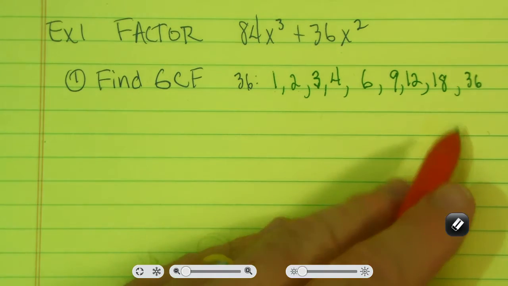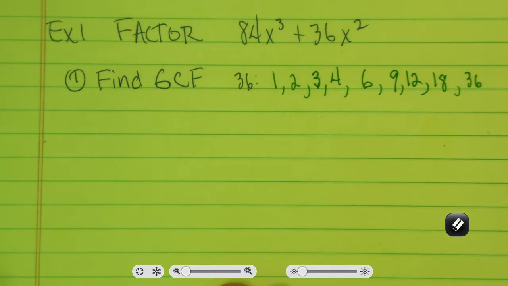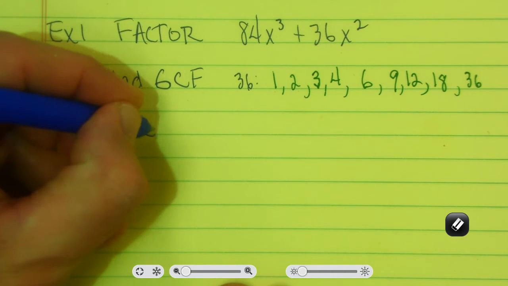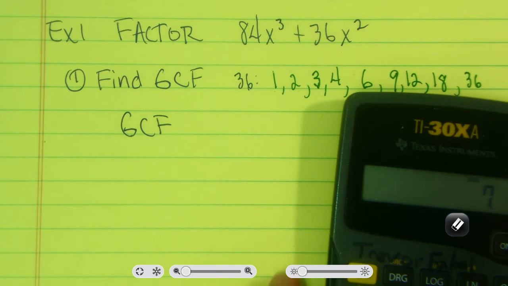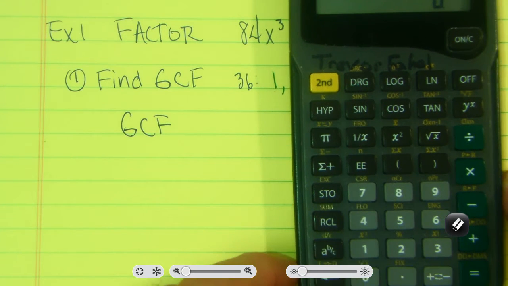will divide evenly into 84. Once I find that, I found what I'm looking for, the GCF. Okay? So if I'm not good with dividing by 84, and a lot of people might not be, I could just put that into a calculator.